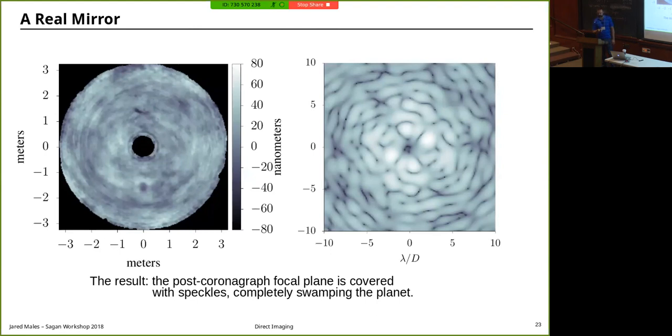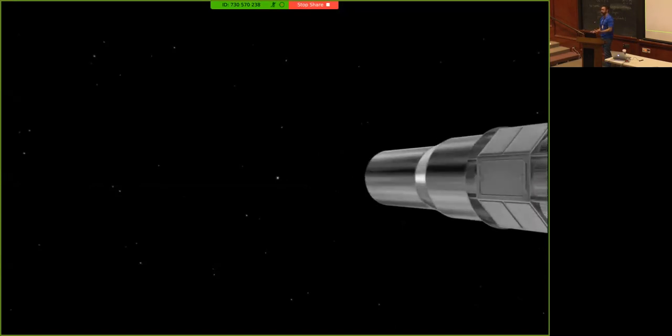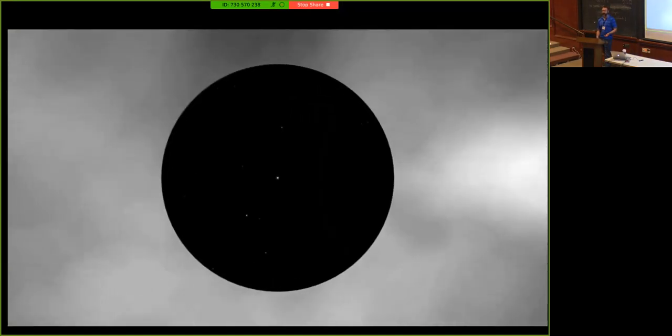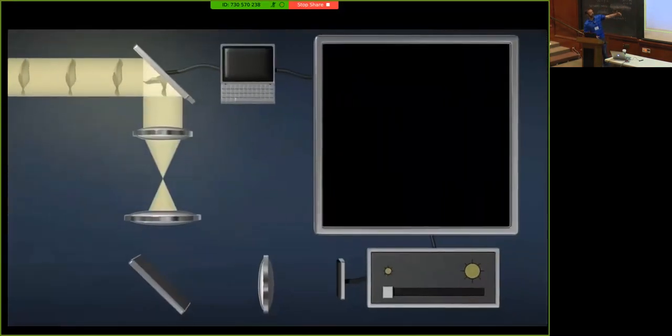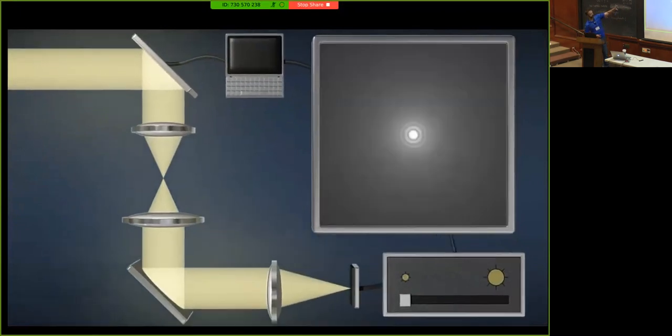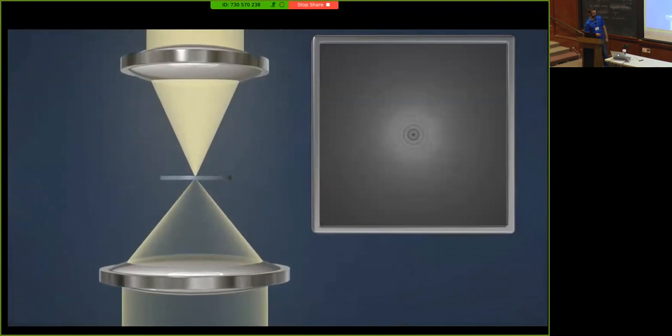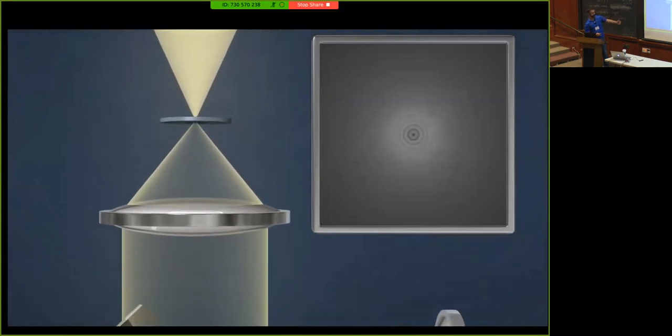Next I'm going to show you this nice movie that NASA put together to illustrate what a space telescope coronagraph would look like, just to drive home what I just went through, how a Lyot coronagraph works and what that final focal plane looks like, even in space. This is a very stable space telescope, and you have these imperfect waves coming in because the optics aren't perfect. It goes through that imaging system that you should recognize as a Lyot coronagraph. We put in that focal plane mask, and we put in the Lyot stop, which is just kind of like a washer.